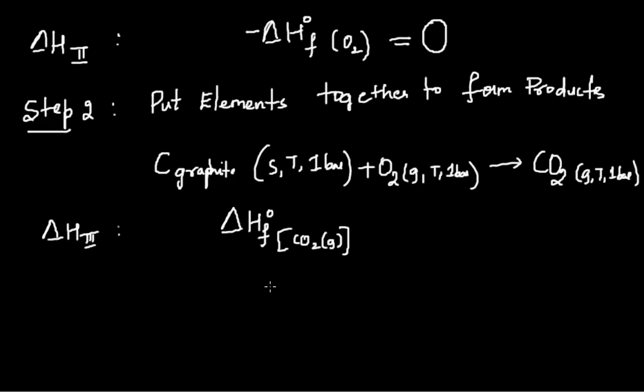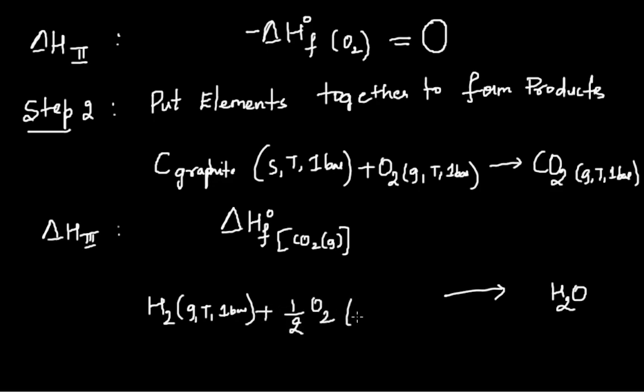Now, is there another product that we need to form? Yes, water, we need water. So this is H2 gas at temperature and 1 bar plus oxygen, giving water, liquid, at temperature and 1 bar.